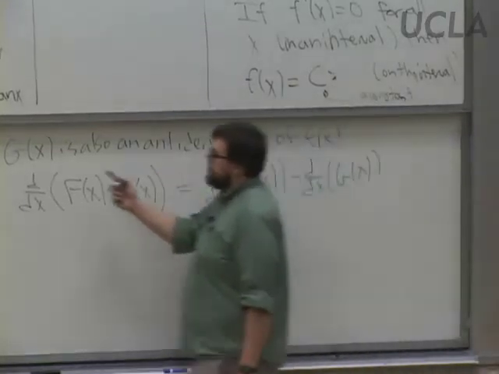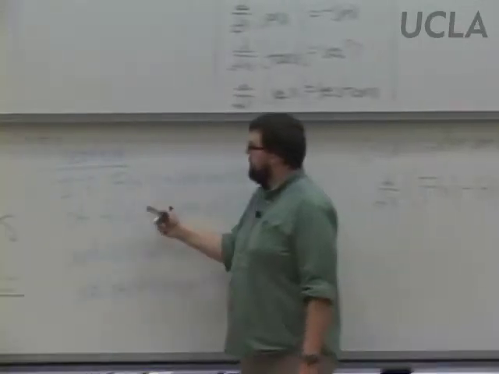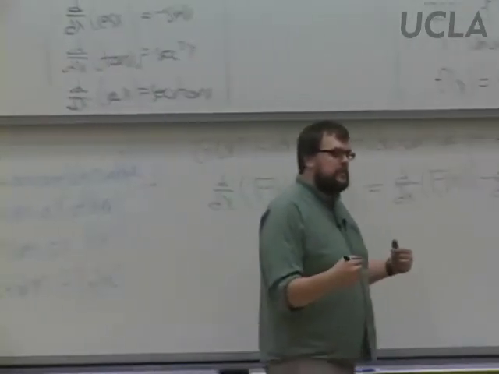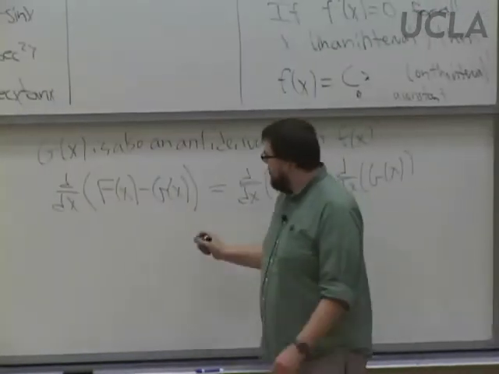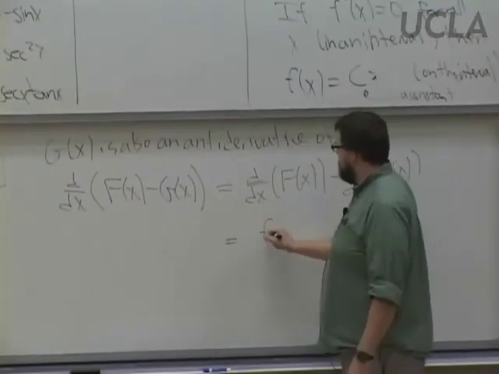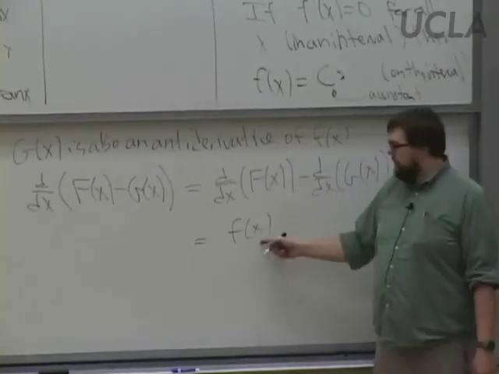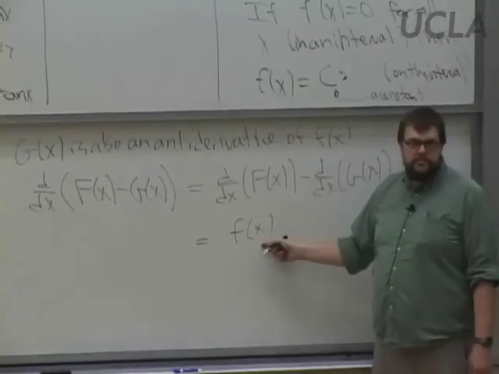It's an antiderivative of little f of x. So if I take the derivative of an antiderivative, where do I end up? I end up back where I started. The derivative of the antiderivative is just the function that you started with.